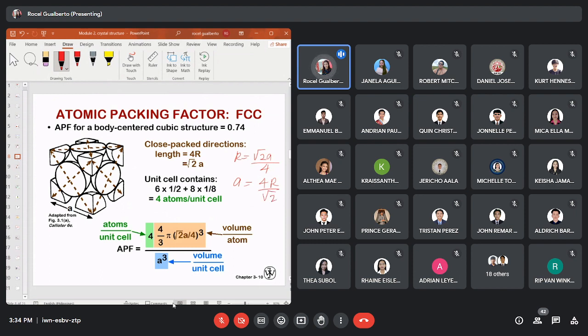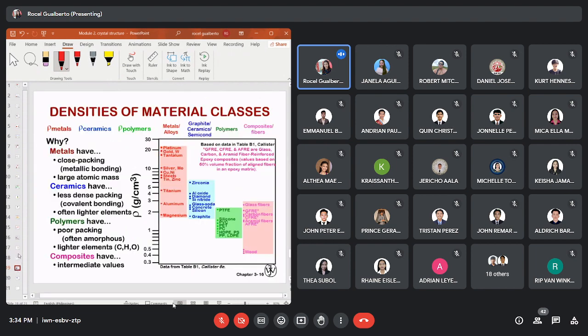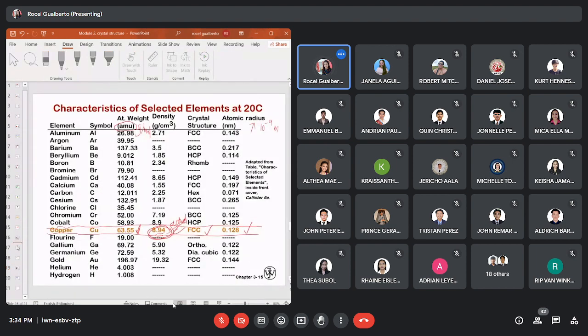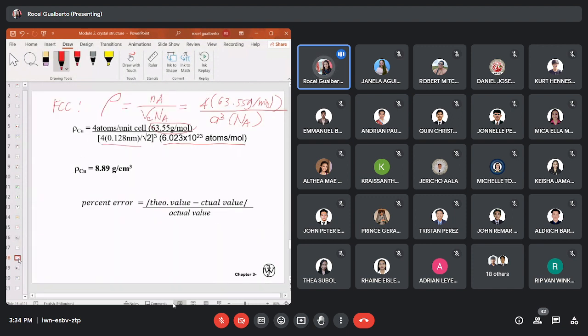That is what we used here: 4R over square root of 2, and then cubed, since this would be A cube.